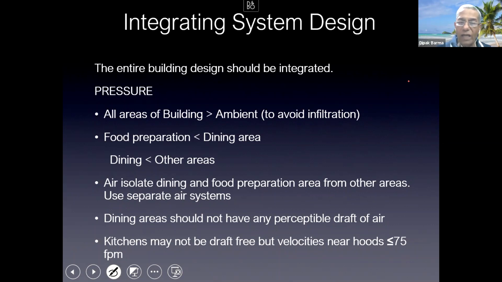The air will isolate the dining and food preparation area from other areas; use separate air systems. Dining areas should not have any perceptible aftersmell. Kitchens may not be draft free, but velocities near hoods should be less than or equal to 75 feet per minute.